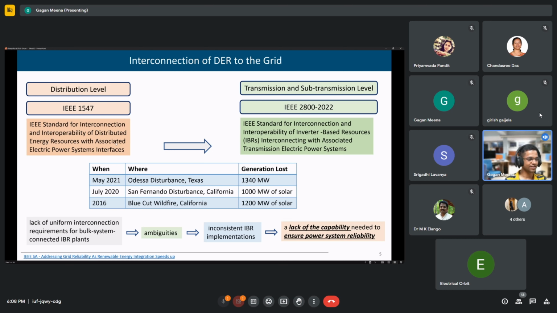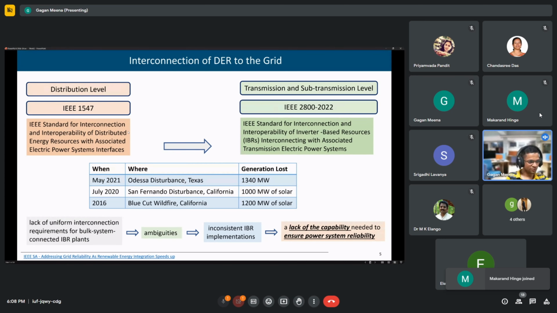So they certainly require such standards so that any kind of fault, any kind of disturbance does not affect the entire system, and we can tackle each and every kind of situation. Just to give you an idea that we have a new standard for transmission systems, so we have separate standards for transmission and distribution systems.